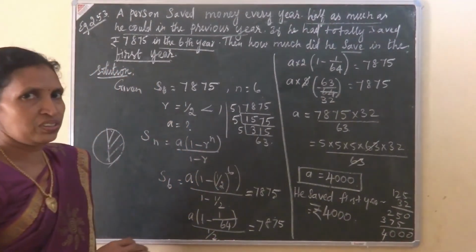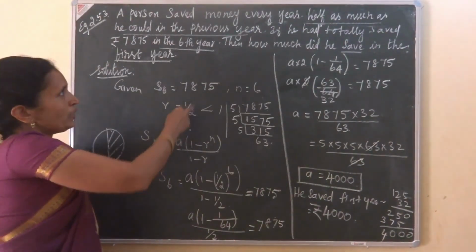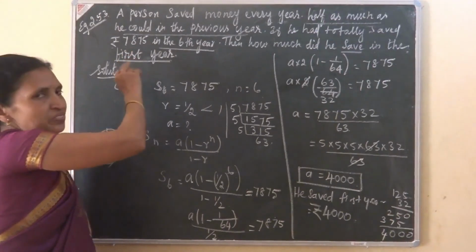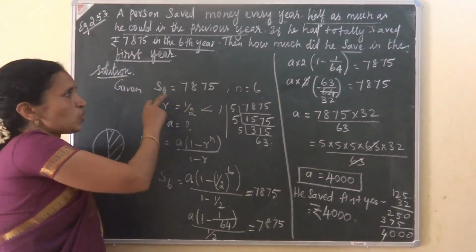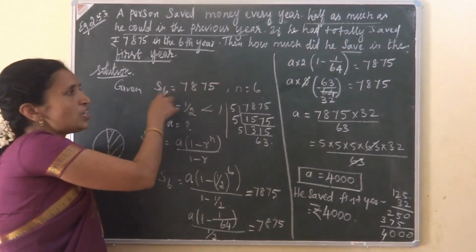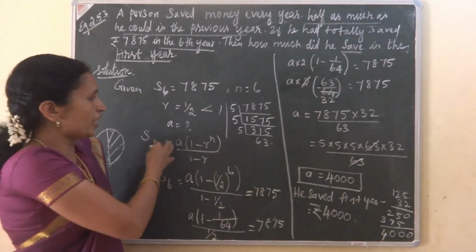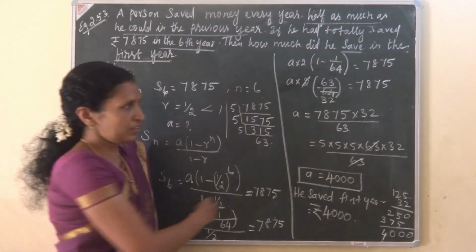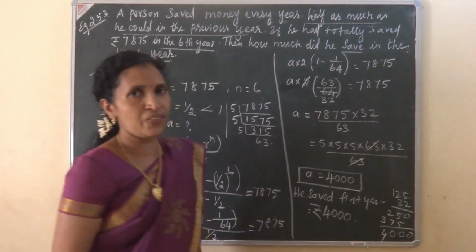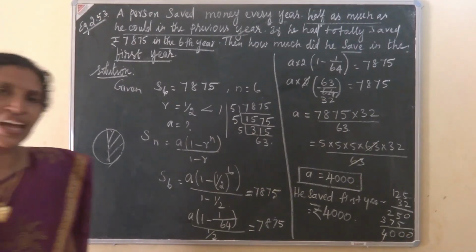So R is 1 by 2. After 6 years he saved 7,875, so S6 equal to 7,875. According to those values, you have to find A, that is your answer: the first year's saving. Clear? Thank you, students.